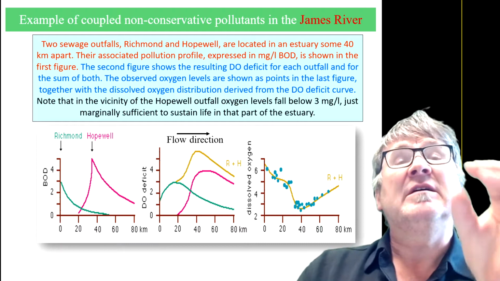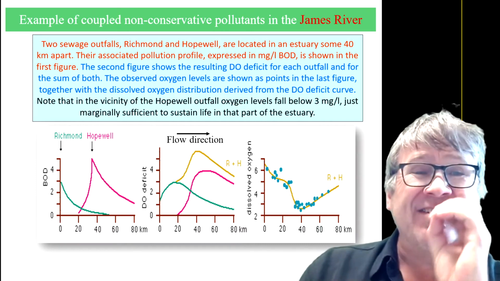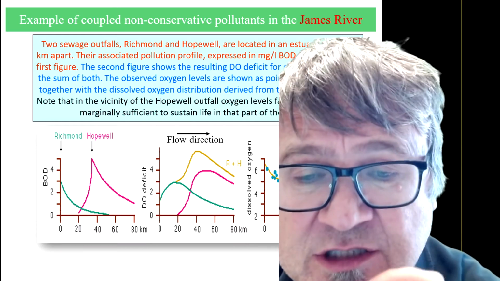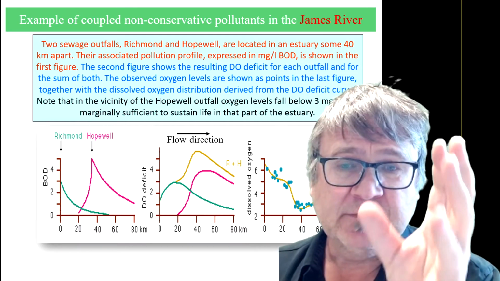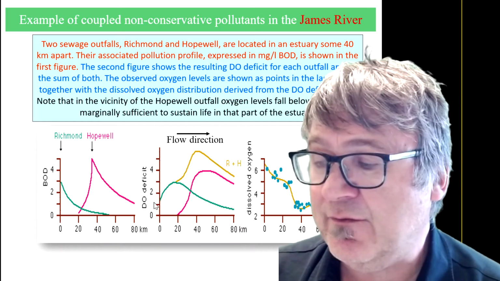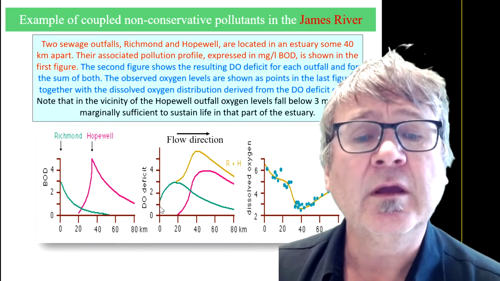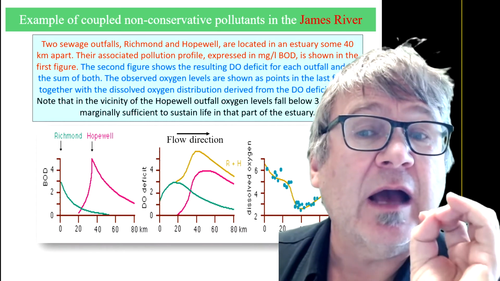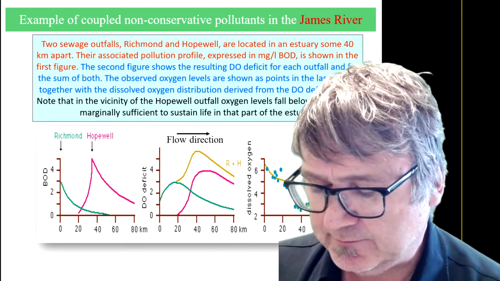The next is the predicted consequence in terms of dissolved oxygen deficit. So for each outfall, you can predict the dissolved oxygen deficit, and you can do that for each outfall individually.